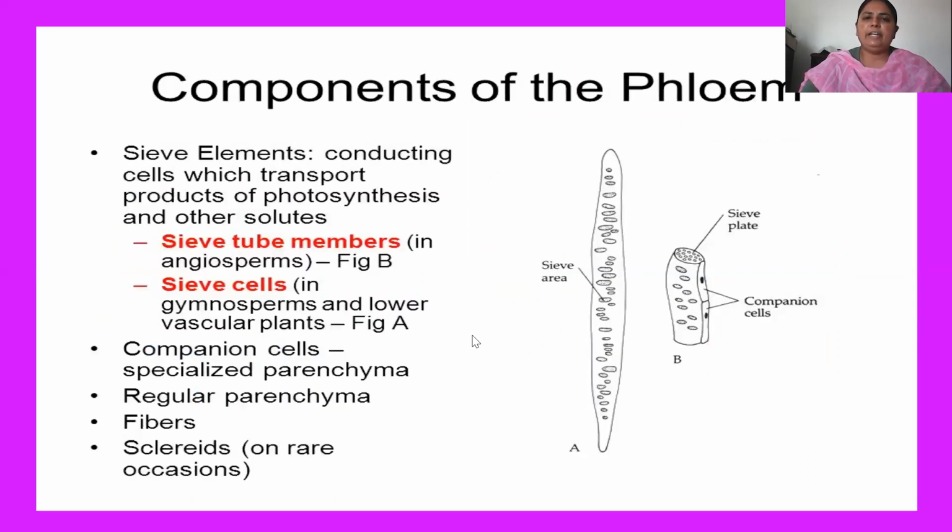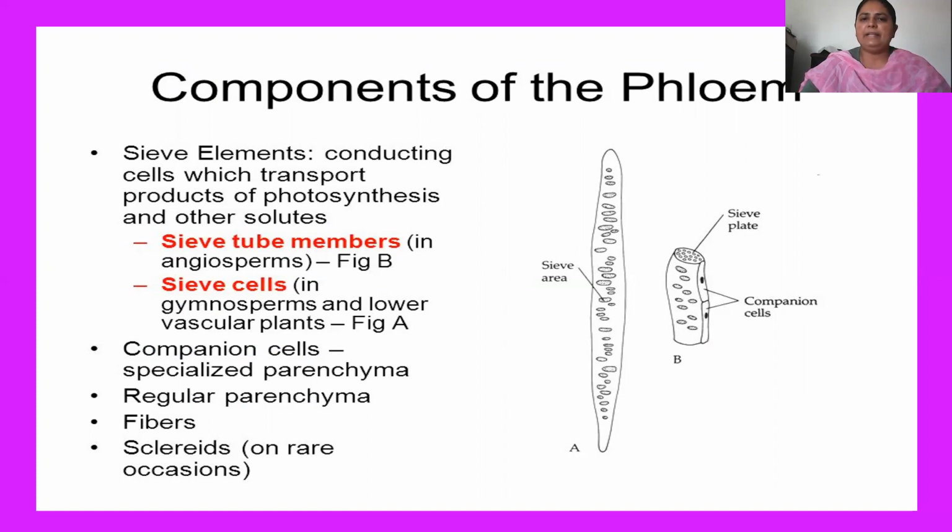Yes, students, here again I have written the components of the phloem tissue. I have already explained sieve cells. They are generally found in gymnosperms and lower vascular plants, whereas sieve tube members are dominant in angiosperms. The function you know very well: they are involved in transport of photosynthates, or products of photosynthesis. And companion cells, what are these?